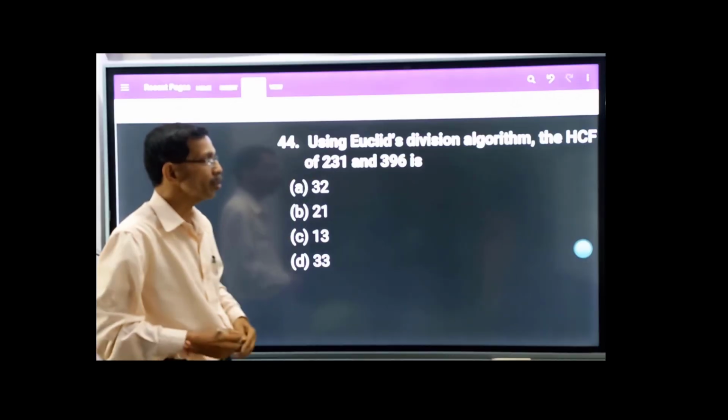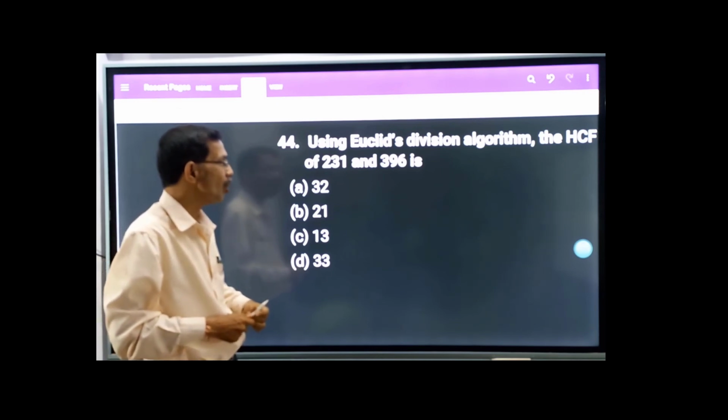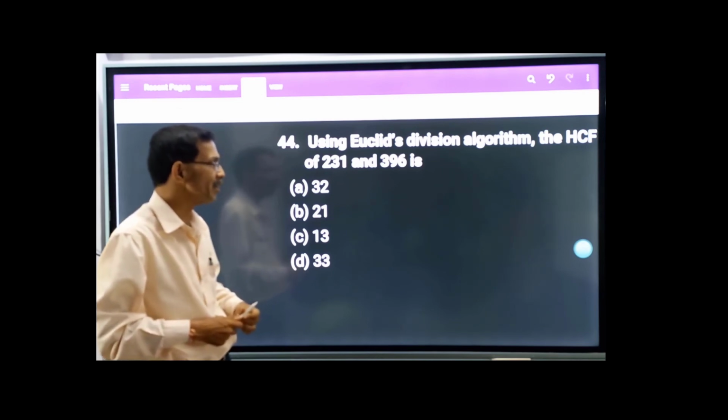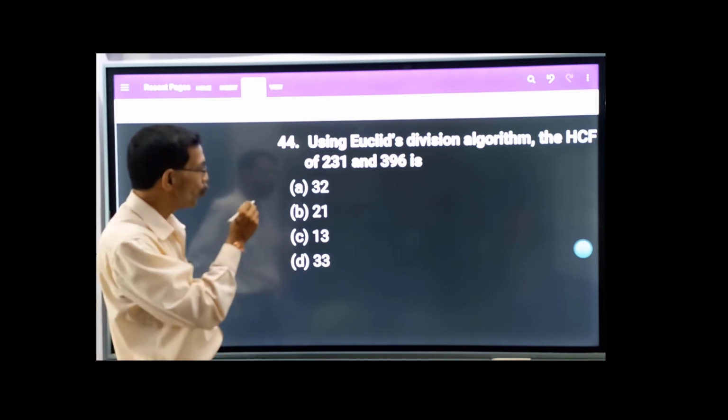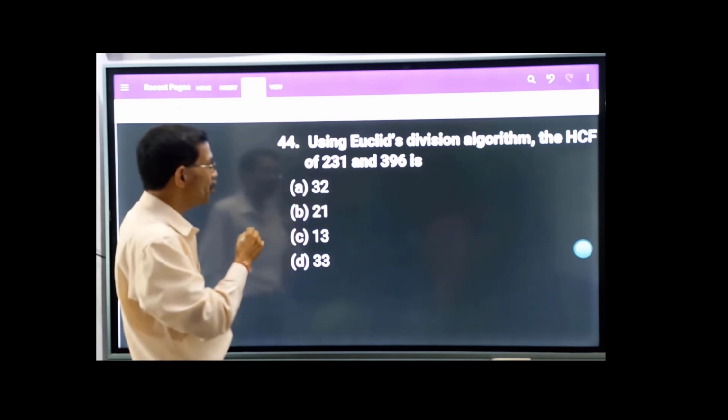Question number 44. Using Euclid's division algorithm, the HCF of 231 and 396 is. Now, first, as per Euclid, you have to take the bigger number.